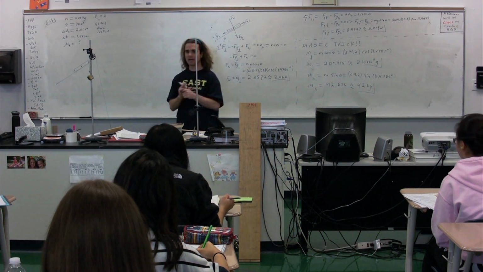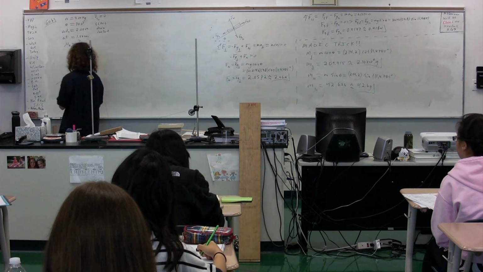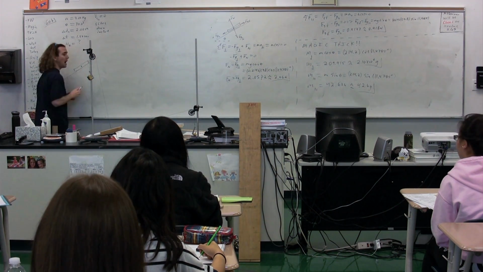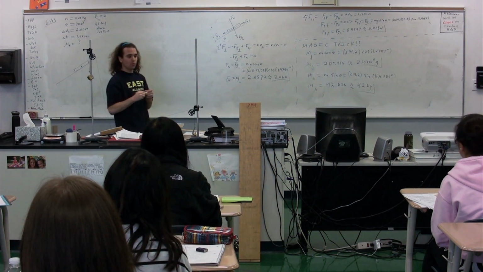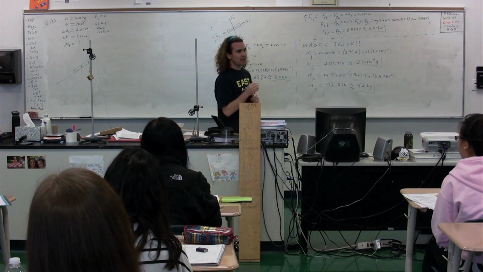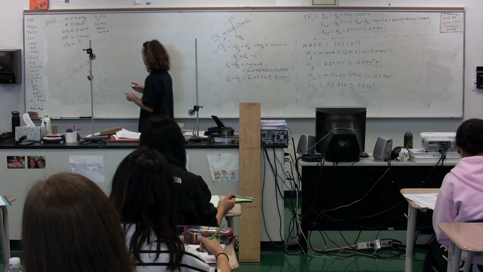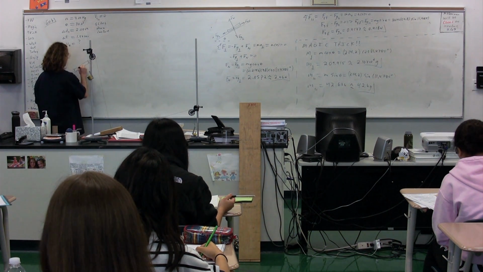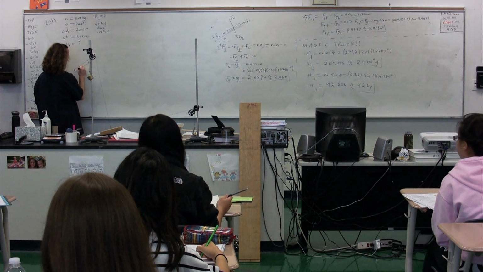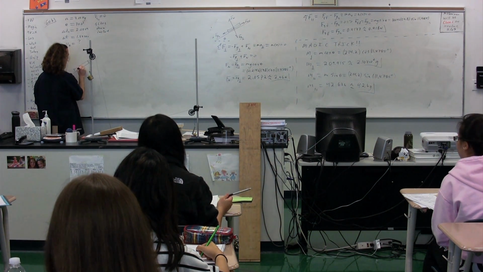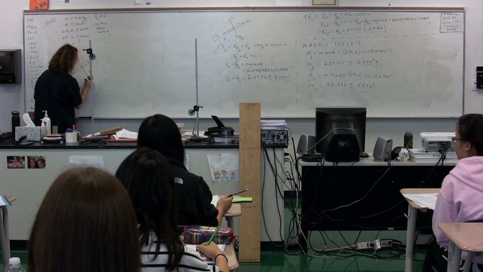Jessica, please give me the free body diagram. Force of gravity is going down. Now that we have broken the force of gravity into its components and we have the equations for those, we can actually start with the components of the force of gravity. So force of gravity perpendicular is going perpendicular to the surface, perpendicular and down.